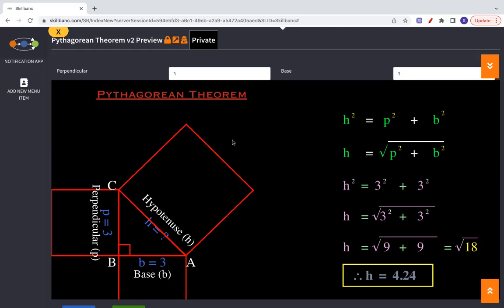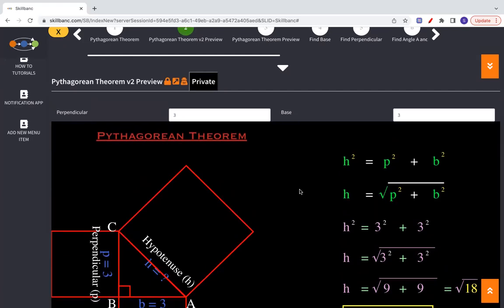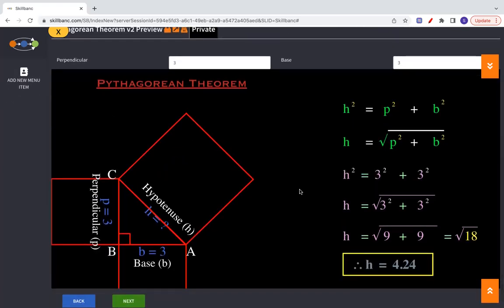So if the user previews this, let's say 5-6 times, the brain will absorb those entities like h square, p square and b square, and because you're not computing and then arriving at a result, you're taking advantage of the power of the computer.